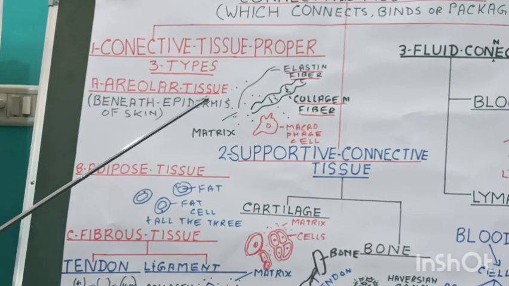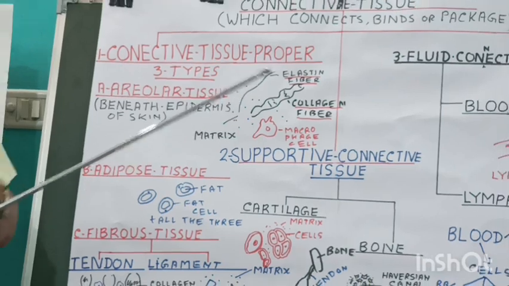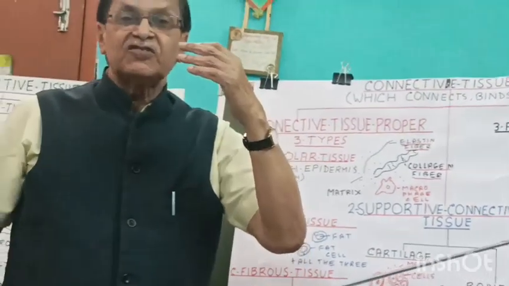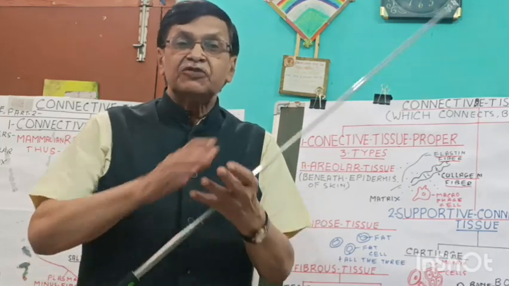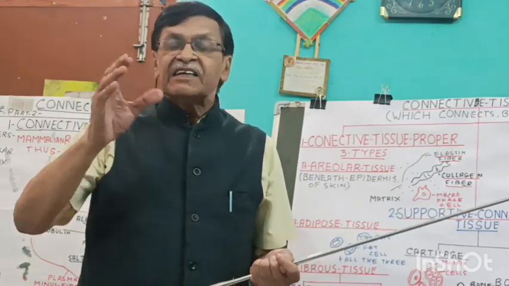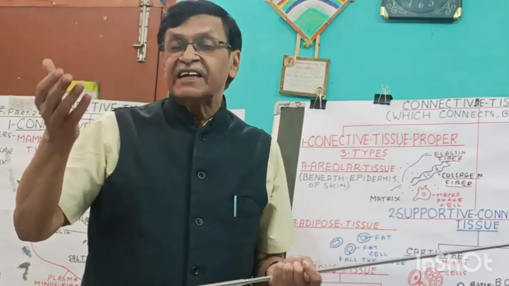The important thing about connective tissue is that it is made up of three components. The intercellular space or intercellular fluid or matrix is very much developed, and the cells are floating in it like islands in an ocean.